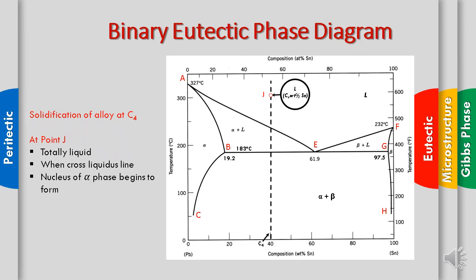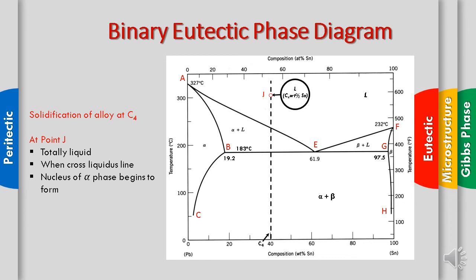And then if we want to talk about the microstructure changes, maybe we can start at C, and then we start to cool down, lowering the temperature from 300 degrees Celsius.